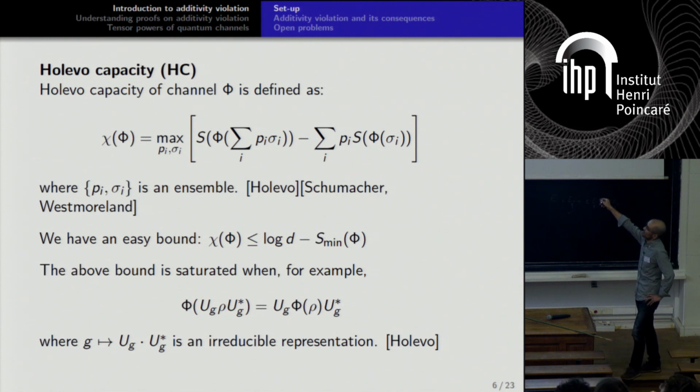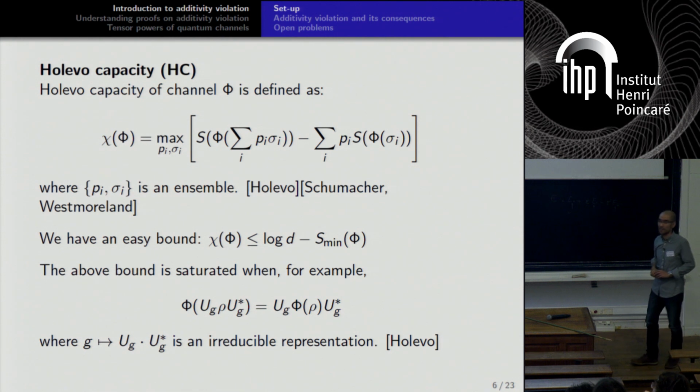Then we have the maximal value here, log d. But on the other hand, we have a minus here. So when we have the minimum entropy here, we get the max value as a whole. So then we replace this part by the minimum output entropy to get the upper bound for this Holevo capacity.